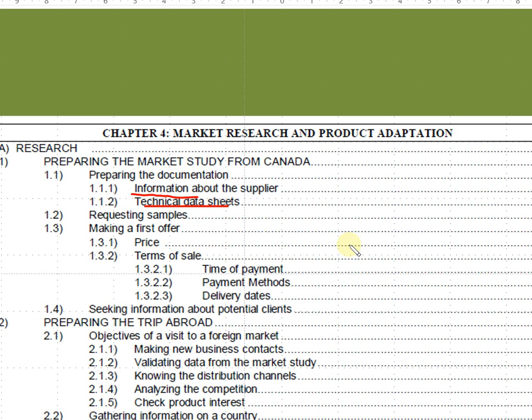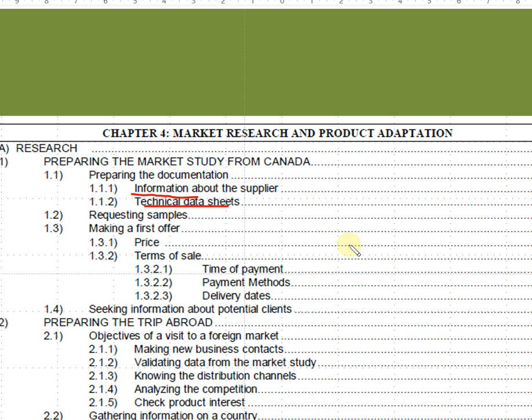Anyway, according to this procedure, we will learn how you will find your potential client and make them your real client. Okay.